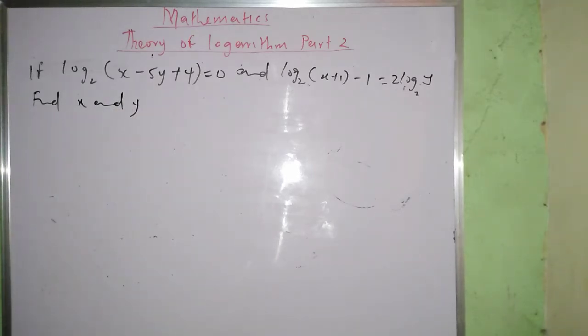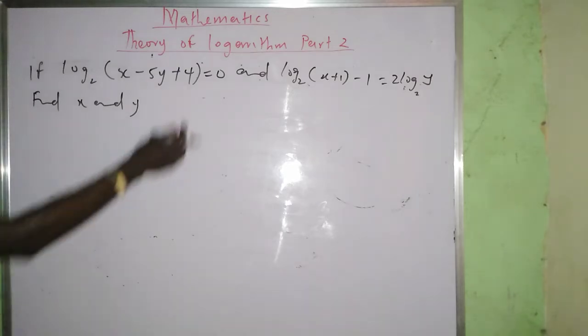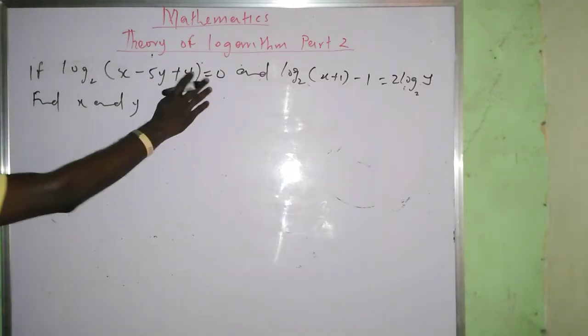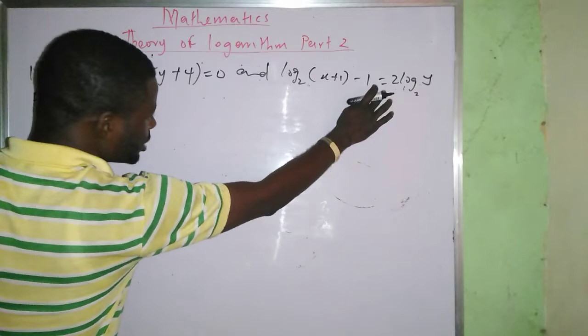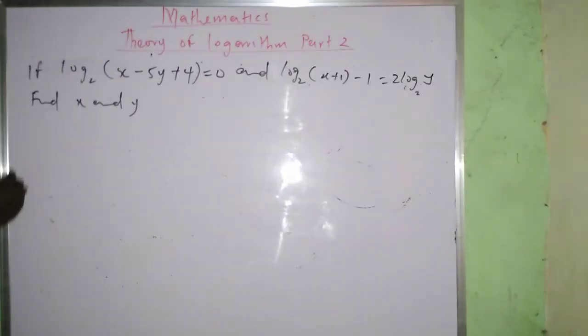This is a very good question that can come out in any exam. It is called a simultaneous equation because there are two equality signs, 1 and 2.